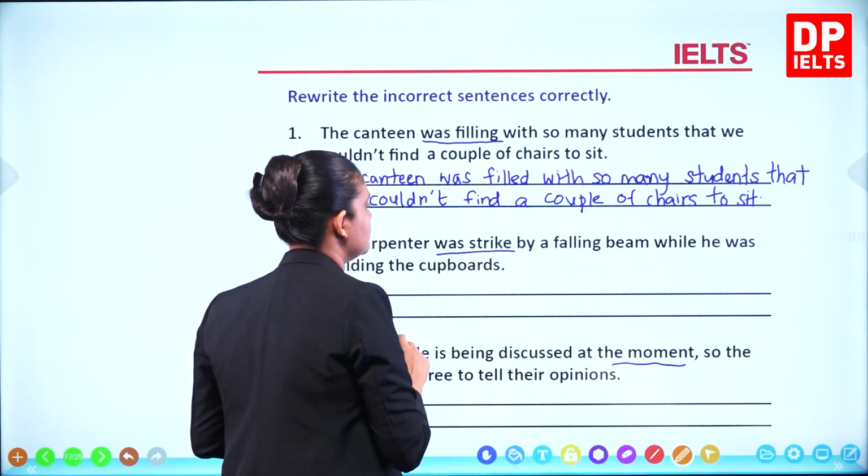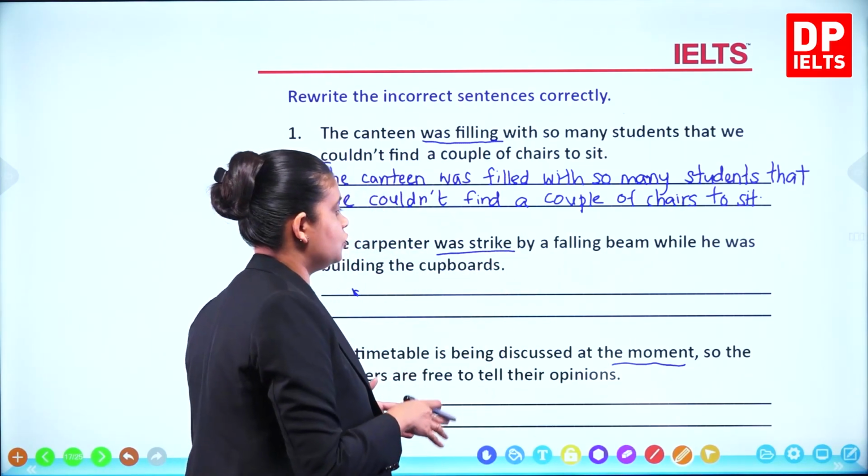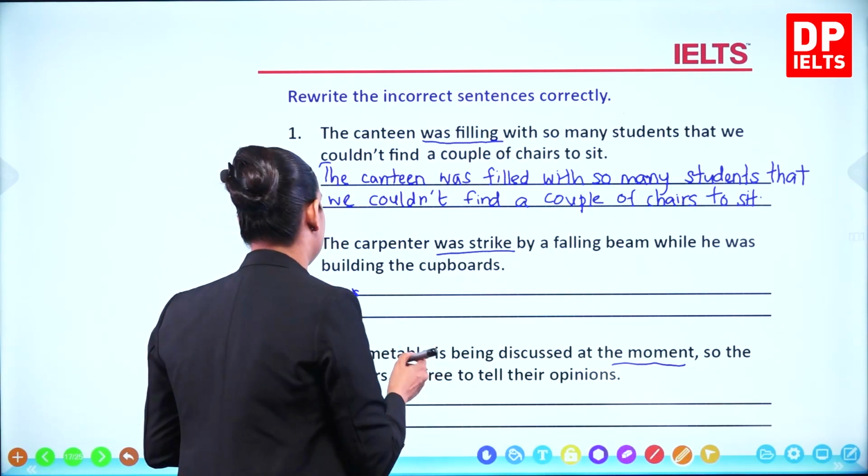Second one, the carpenter was struck. You can't use present tense verb. It has to be the past participle.